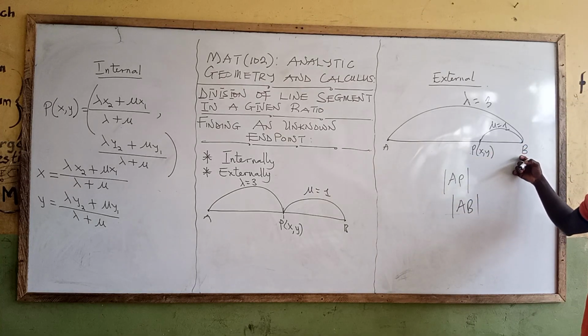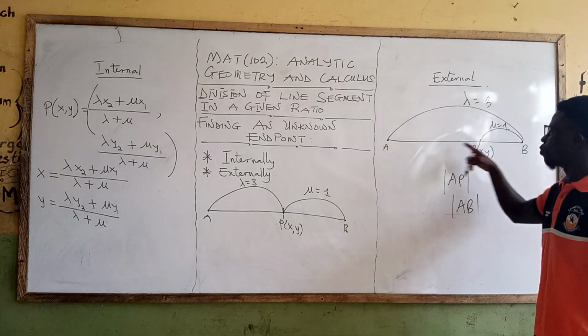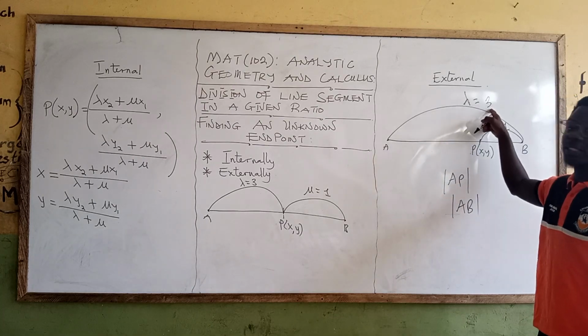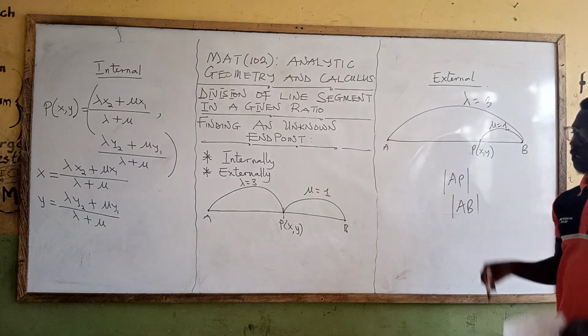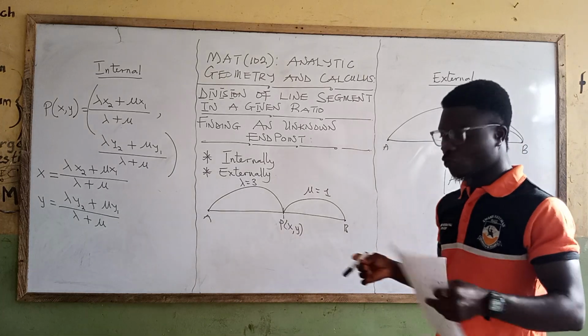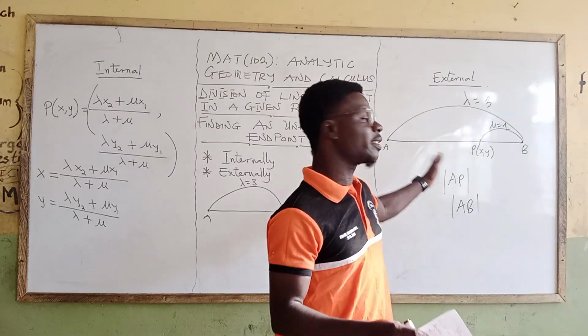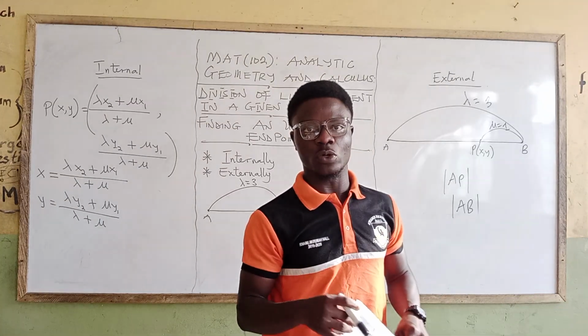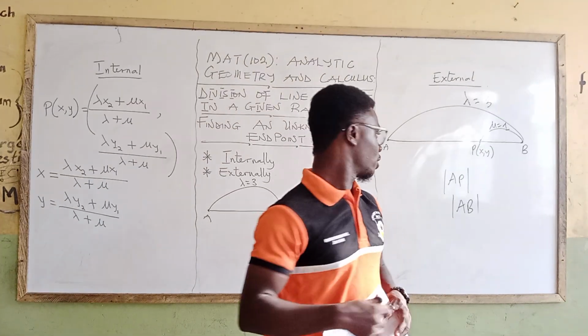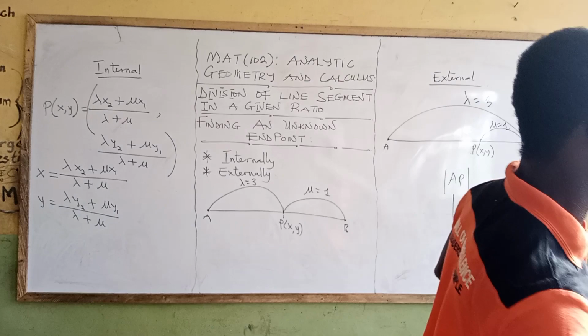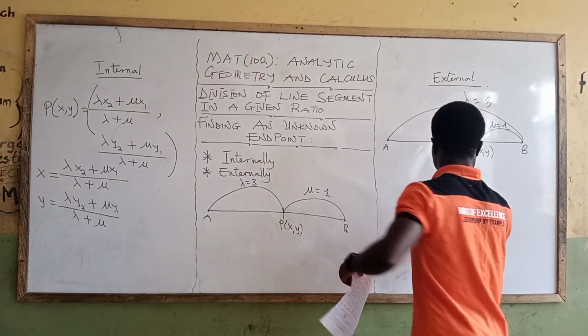This point B is dividing line segment AP in the ratio lambda equals 3, mu equals 1. This one is external division, so one of the ratios will be negative. Now let's see our formulas for that.